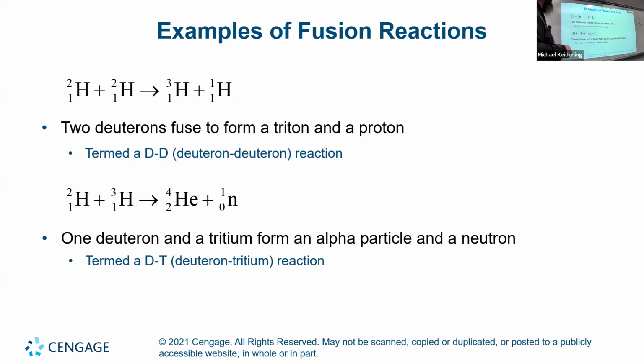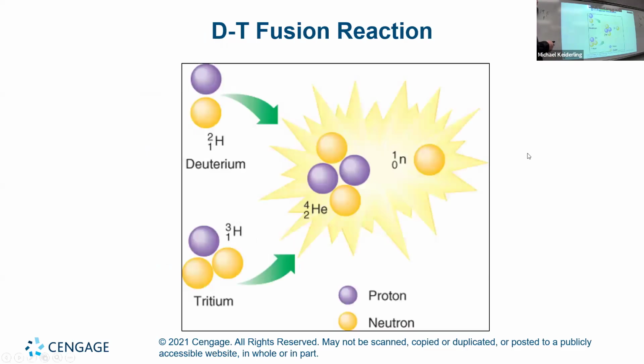That's not the process that happens in the sun, but these are the ones that we're planning to use on Earth, because they're much easier to actually do. So this is the deuterium-tritium fusion reaction: deuterium and tritium combine, and you get helium and a neutron.